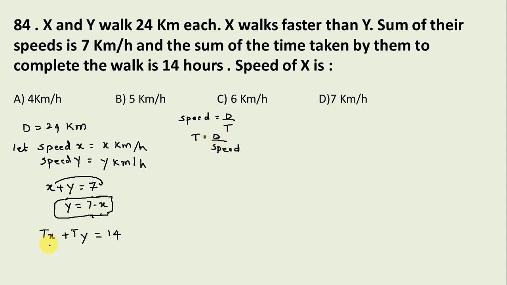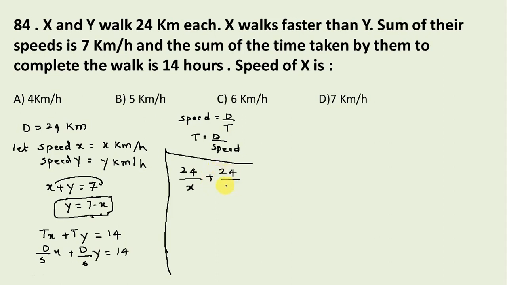Time is equal to distance by speed of X plus distance by speed of Y is equal to 14. Distance is 24 km divided by speed of X, which is x, and distance of Y is also 24 and the speed of Y is y, equal to 14.